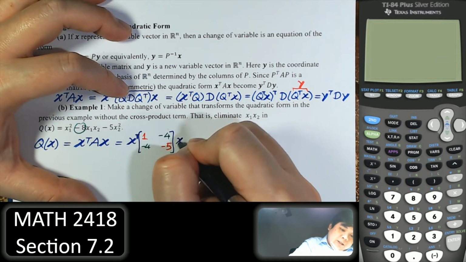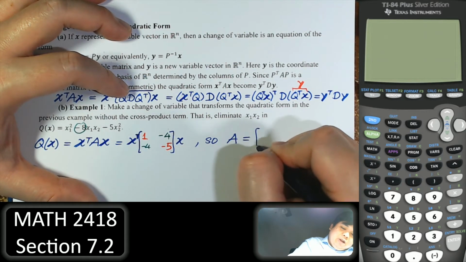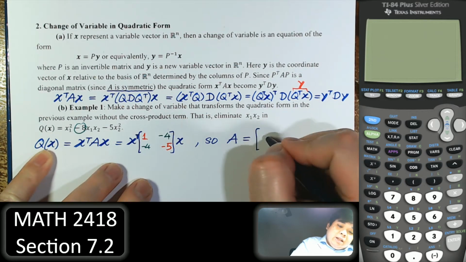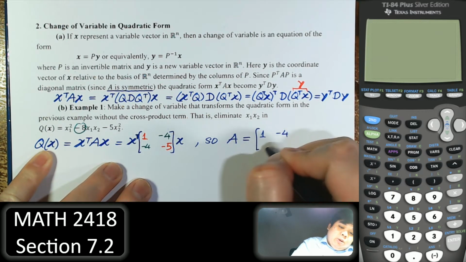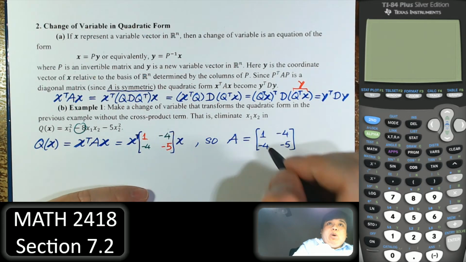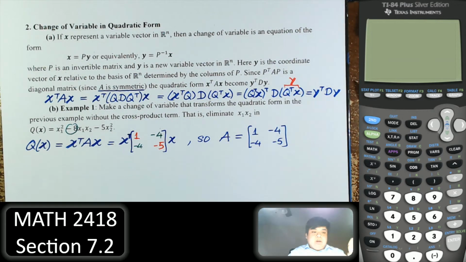So A, the symmetric matrix corresponding to the quadratic form, is 1, negative 4, negative 4, and negative 5. Now we will orthogonally diagonalize A, and then we go from there.